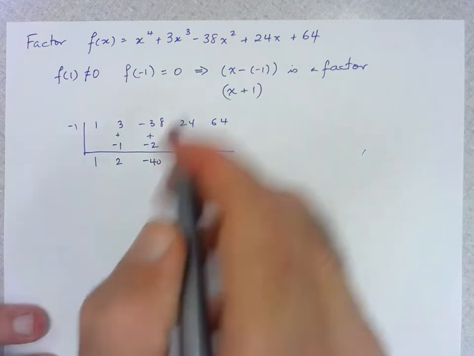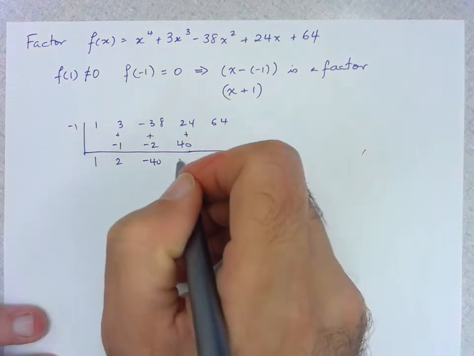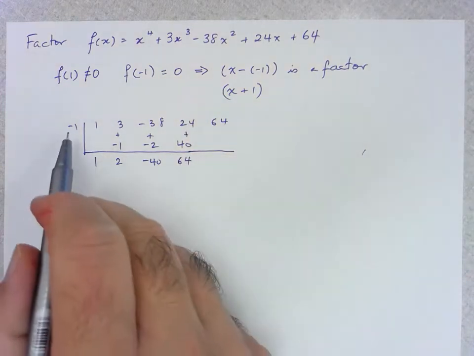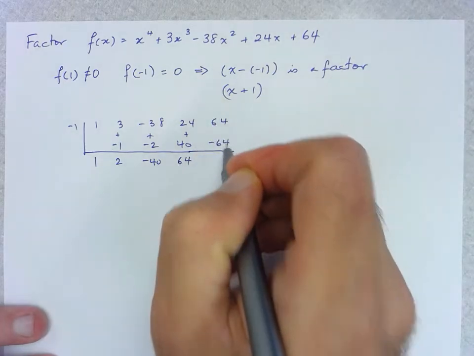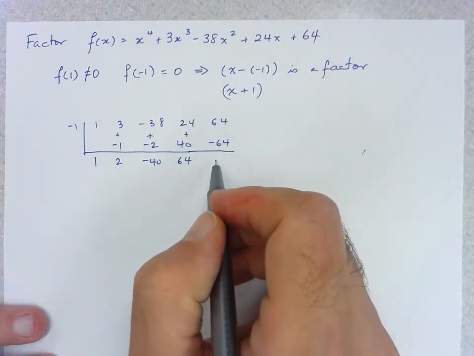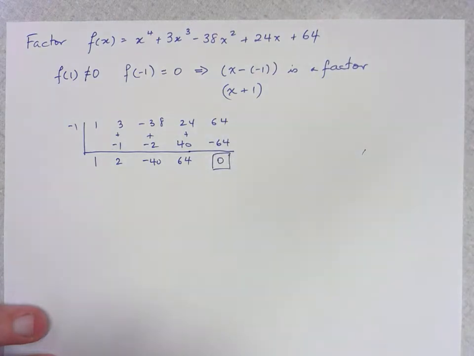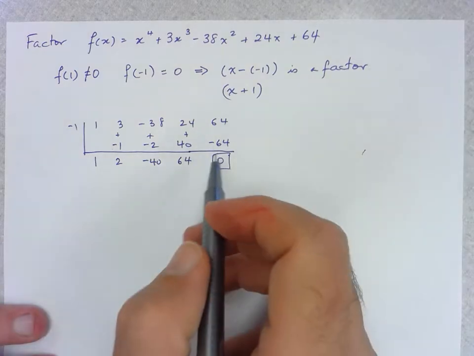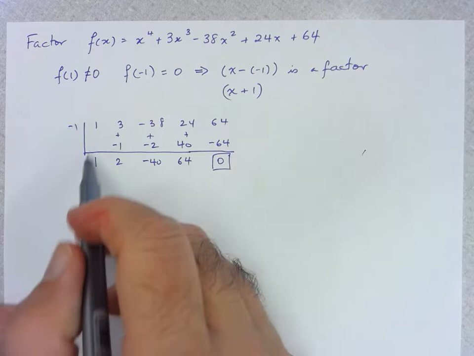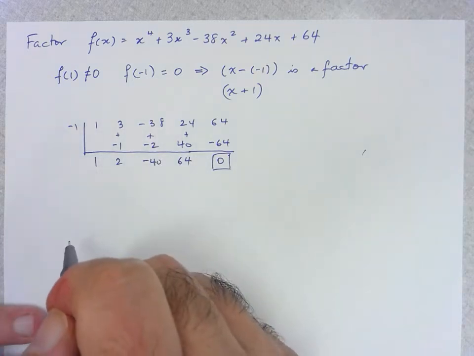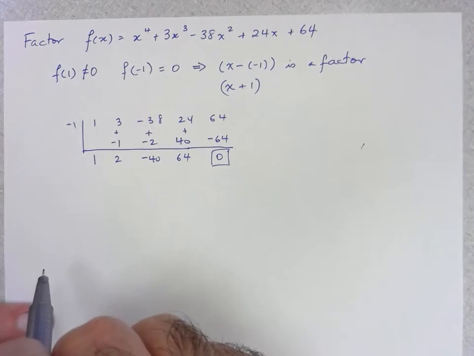-1 times -40 is positive 40. Add them. 24 plus 40 is 64. -1 times 64, -64, and as expected, even though I know that the remainder should be equal to 0, I just test it out to make sure, because if it's not, means I either made a mistake in my synthetic division, or -1 is not going to be a 0 of that function.